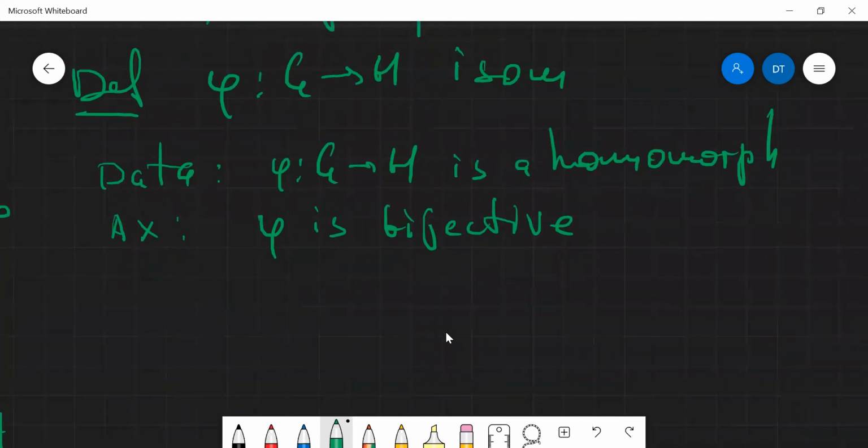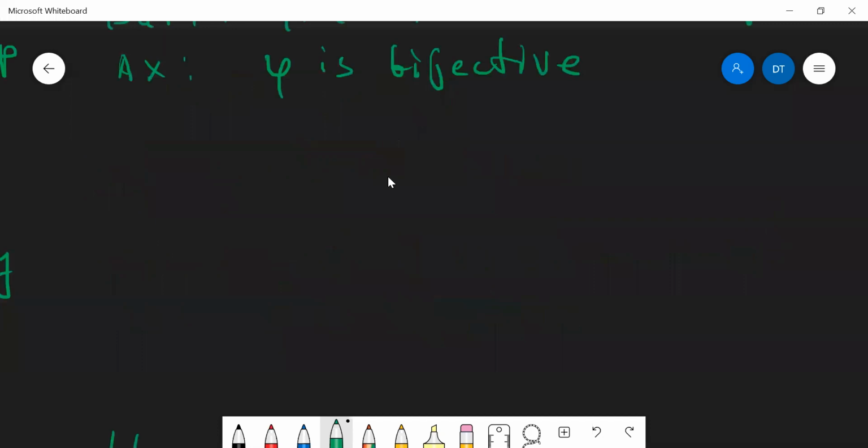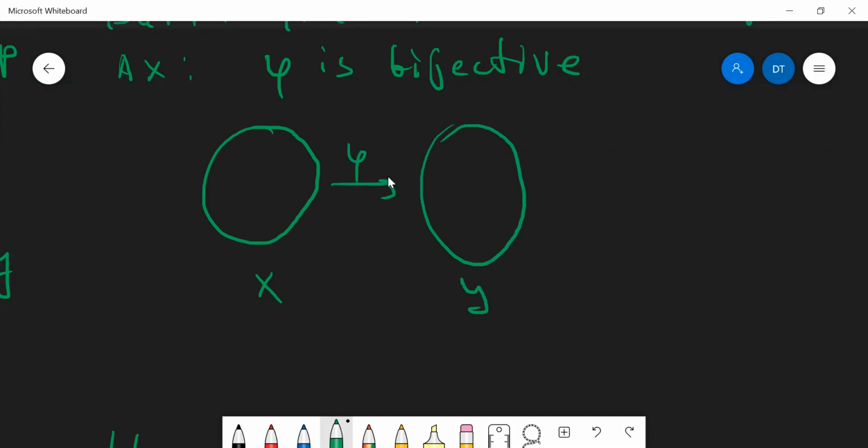So what does it mean that we have an isomorphism between two groups? Well, formally, this means that we have a bijective homomorphism. But what is this? So let me show you a picture. So first of all, what does it mean that we have a bijection between two sets? So suppose we have two sets, a set X and a set Y, and we have a bijection.